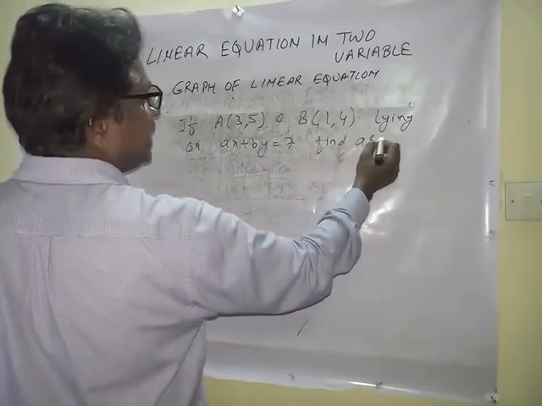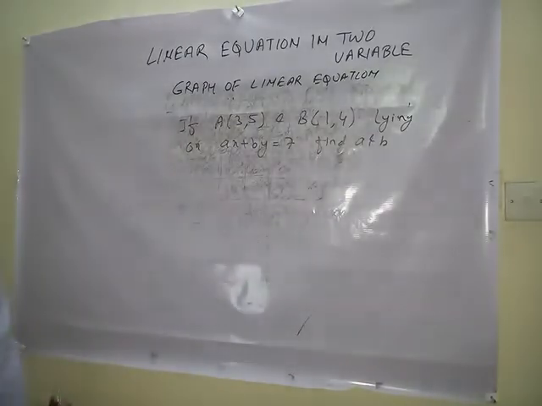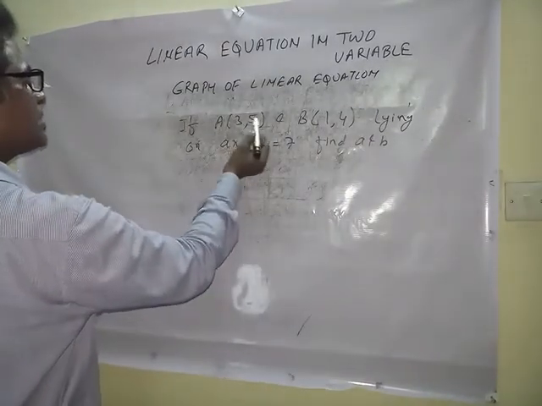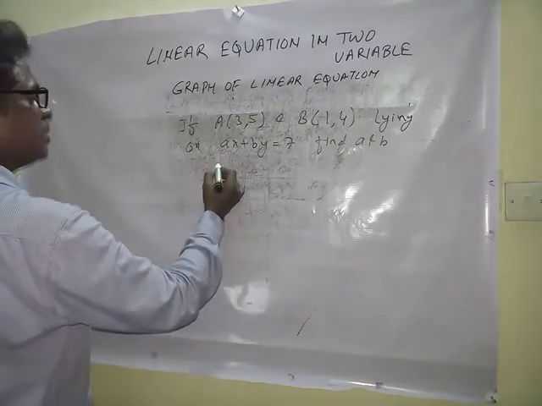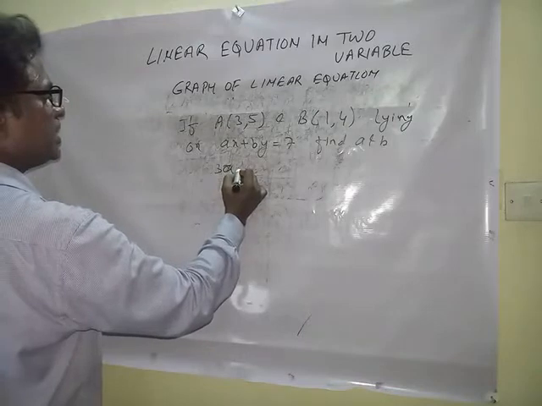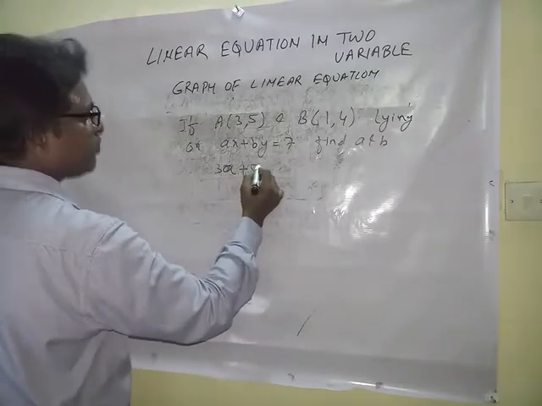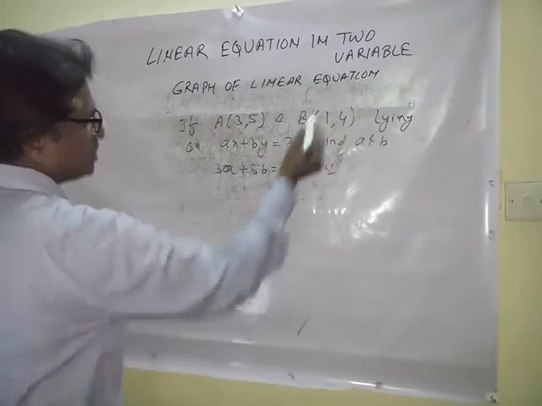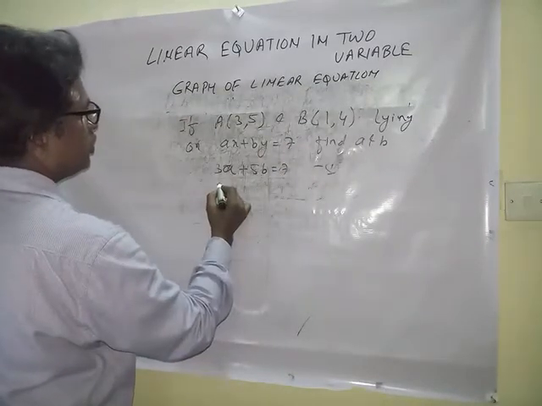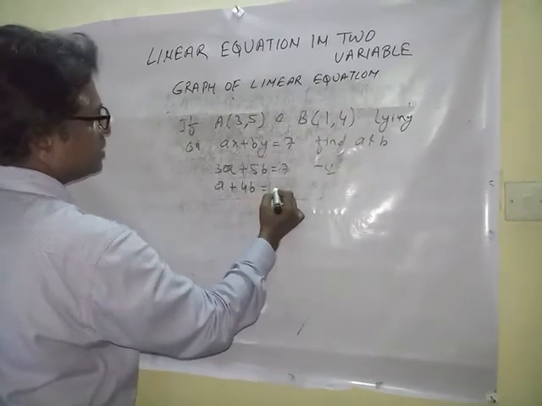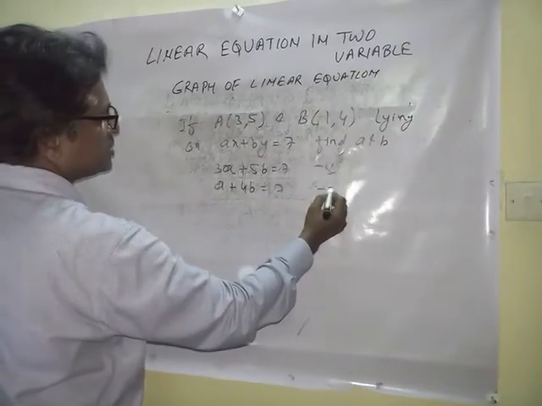Find a and b. What you have to do? This is the value of x and this is the value of y. If you put the value, you will get the equation 3a plus 5b is equal to 7. This is equation 1. If you put this value, a plus 4b is equal to 7. This is equation 2.